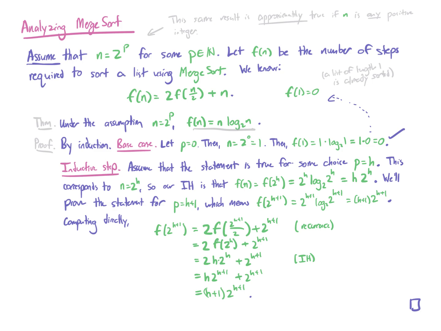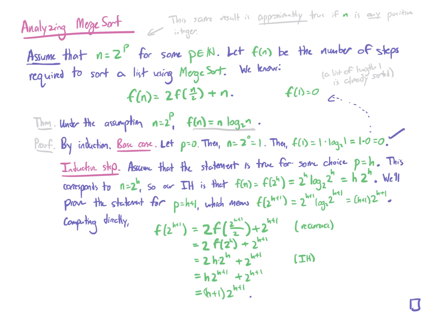But if we just know something about what it costs to merge the 2 lists, it costs n operations, that's actually enough for us to figure out how much computation we are going to need to do this. In this kind of special case where we assumed that n is a power of 2, we got this exact formula that the number of steps required is n times log base 2 of n.